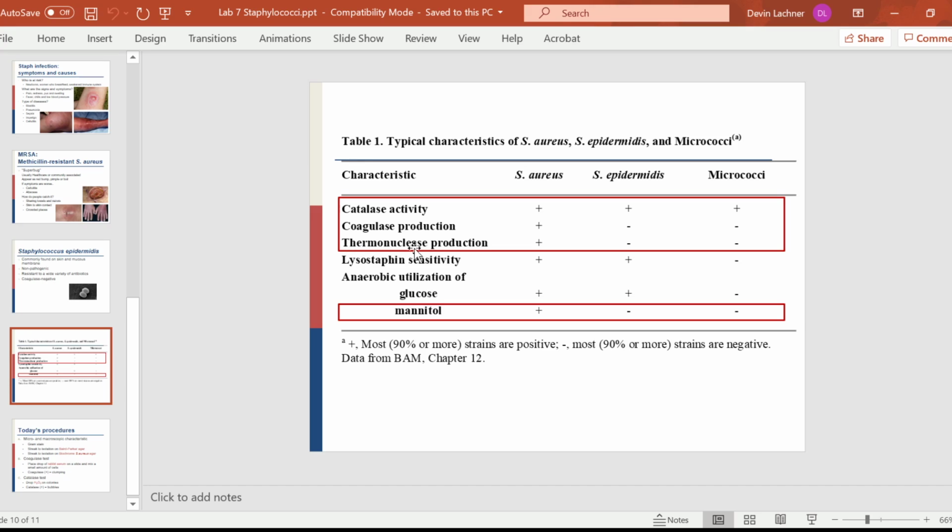And then we also have our thermonuclease production. We can test for that as well. So these two things, as well as the utilization of mannitol in anaerobic conditions, are a few different ways that we can differentiate between our Staphylococci species.